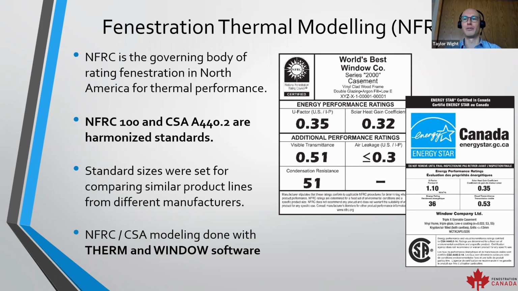They do have a U factor, and they have a G value, which is similar to our solar heat gain coefficient, but the methodology is quite different. So I won't go into depth with that, but I just wanted to point out that in North America, NFRC and CSA use the same method for rating windows.